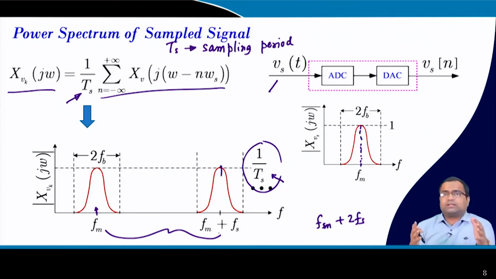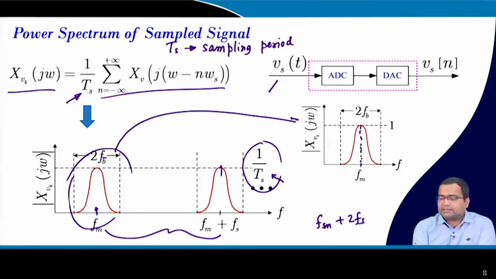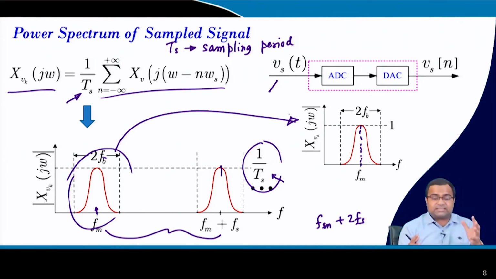And then it can be shown that at Ts tends to 0, this signal will asymptotically look like this signal. That means, they will again become like an analog signal if Ts tends to 0, and this comes from the Nyquist theorem, the Shannon sampling theorem, from where we can get the spectrum of this sampled signal. Okay.